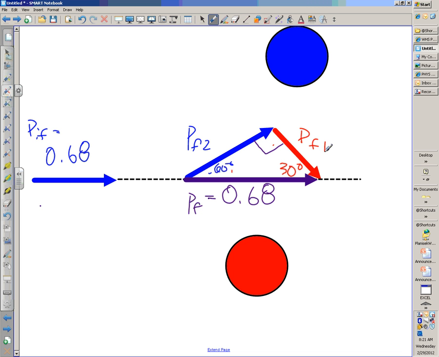All right. Do your math thing. Figure out those final momentums. Or momenta, excuse me. All you lads there.